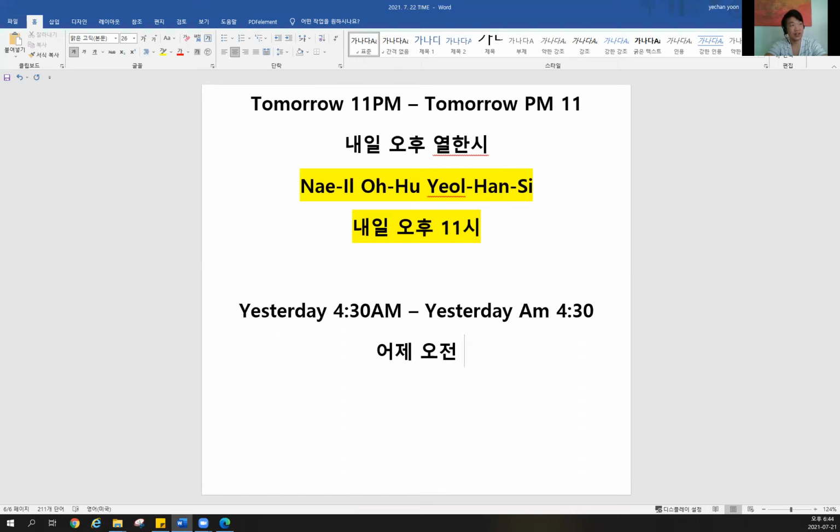And the hour is the native Korean changing form, 네, and 시. And the minute is the Sino version with 분: 30, and minute is 분. So let's start with 어제. 어제 오전 4시 30분.